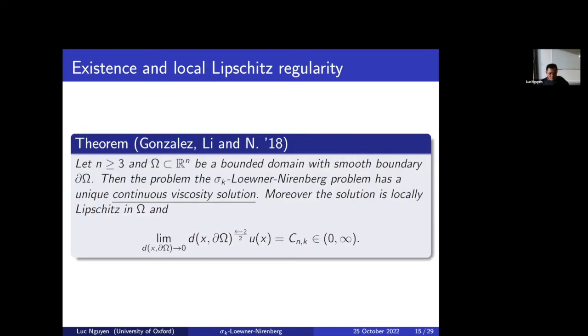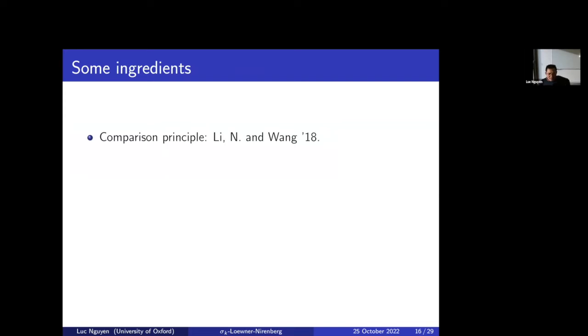The approach that we use in the proof of this is slightly different. It's Perron's method, basically. The starting point is a comparison principle, which I proved together with Yan and Bo Wang earlier on.